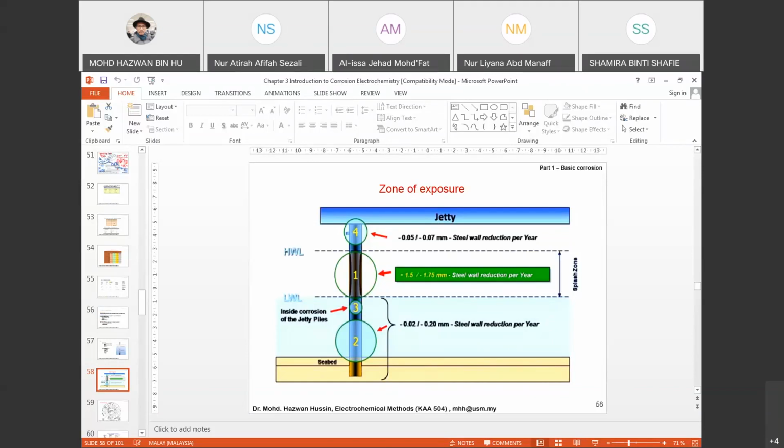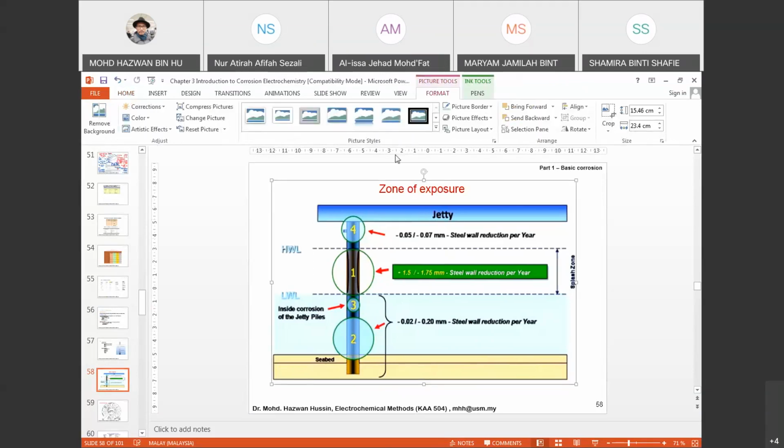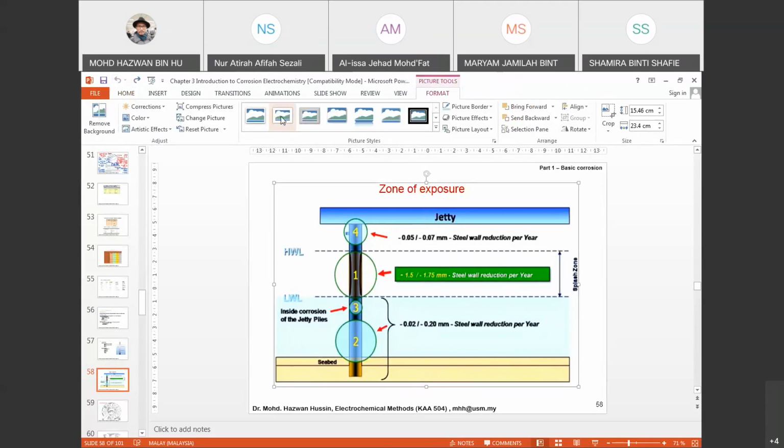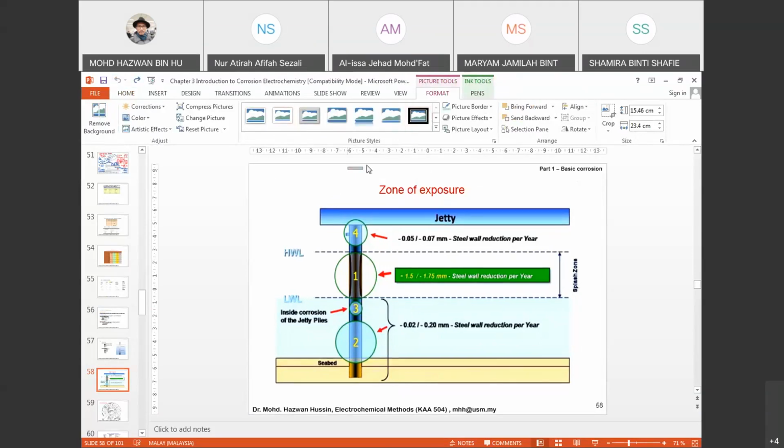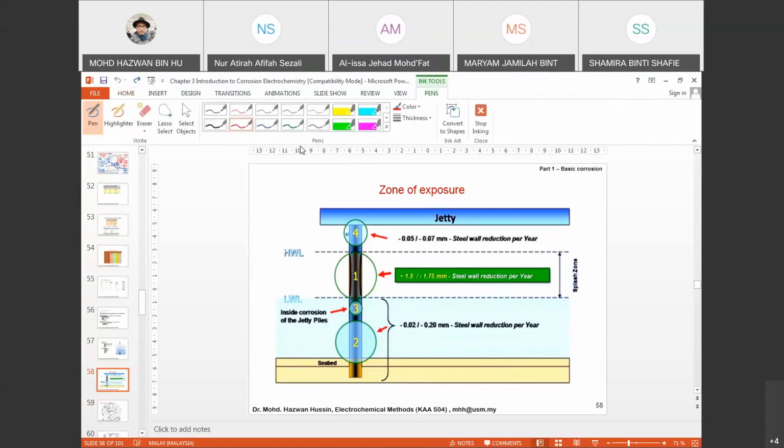No idea. Okay, right. So basically, if you notice over here, I put the zone of exposure. In the zone of exposure, you have HWL and LWL. What does HWL mean?